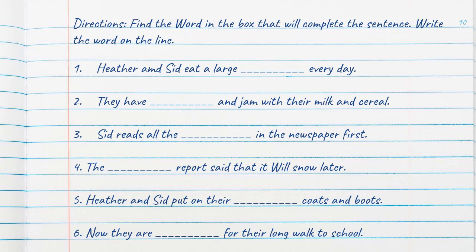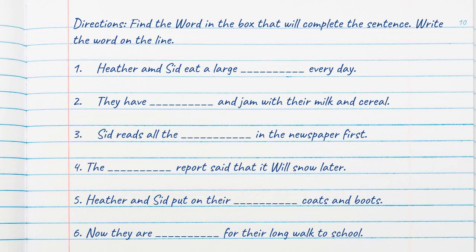You can see that on the top part you have a word box. All of those words have a short E sound, as in head, for example. So we're going to look for them. Look where they can fit better in a sentence.